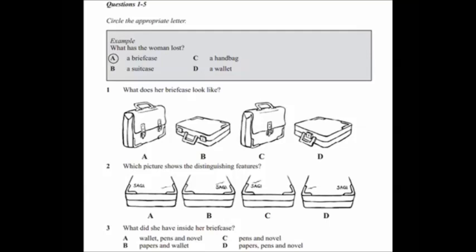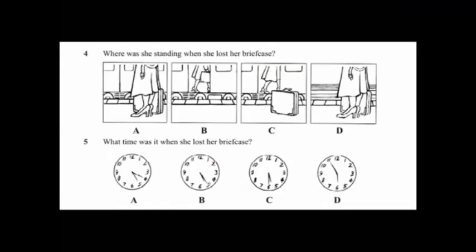So, what did you have inside the briefcase? Well, all my papers from college. It's so frustrating, but thank goodness for computers. I haven't lost them completely. Yes, you're lucky. I had my wallet in my pocket, so I didn't lose that. But there were also my pens, which I got for my birthday, and a novel I was planning to read on the train. Right. Where exactly did you lose the briefcase?